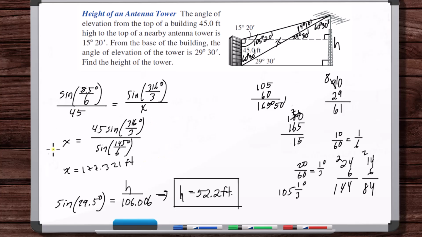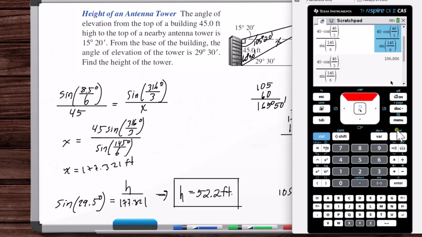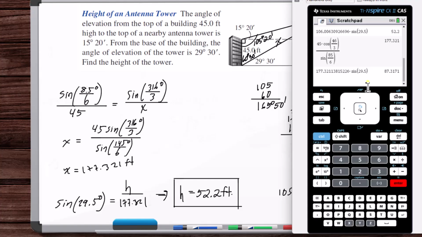Okay, and so this is 177.321. All right. And so we take that times sine 29.5, 87.3.